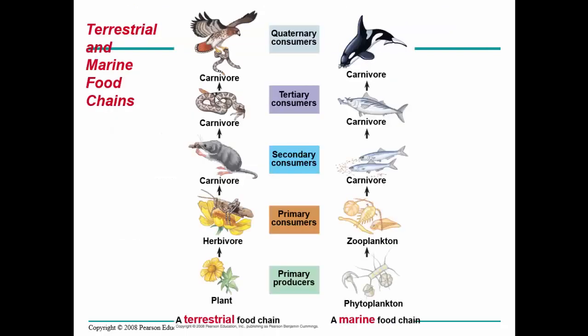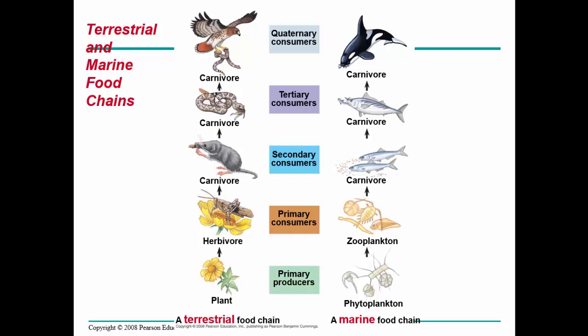Here is the example. In a terrestrial food chain, we have plant eaten by grasshopper, eaten by insectivore, and then the insectivore is eaten by snake, which is eaten by eagles. That is the terrestrial example.